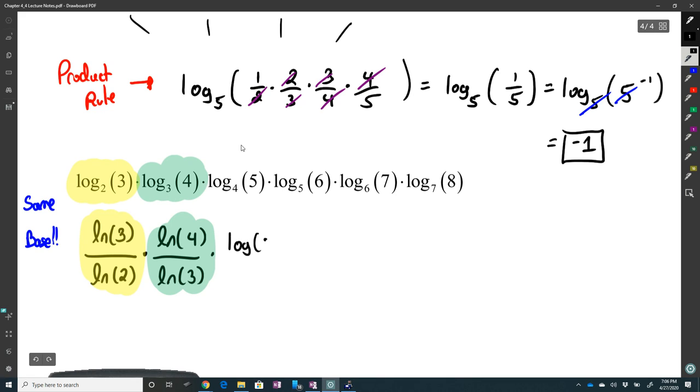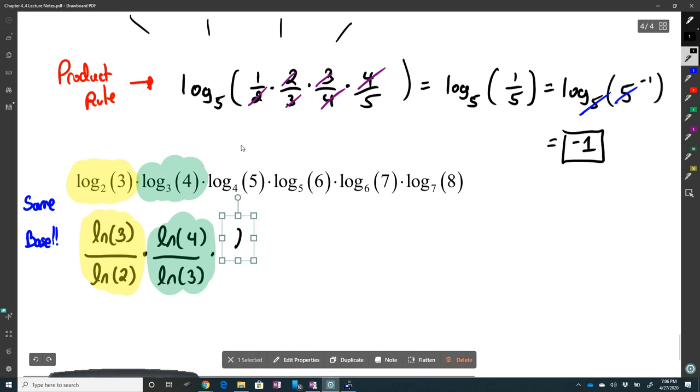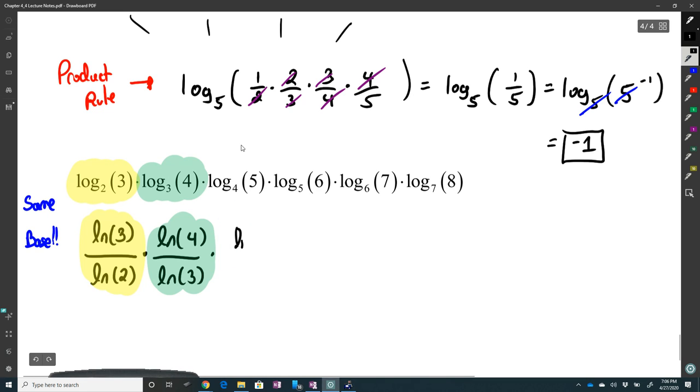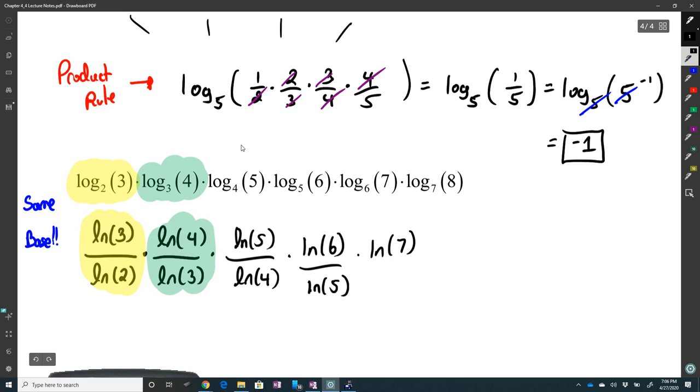Log base, now I'm using natural log. Natural log of 5 over ln of 4. Ln of 6 over ln of 5. Ln of 7 over ln of 6. Ln of 8 over ln of 7. So I turn each one into a natural log.